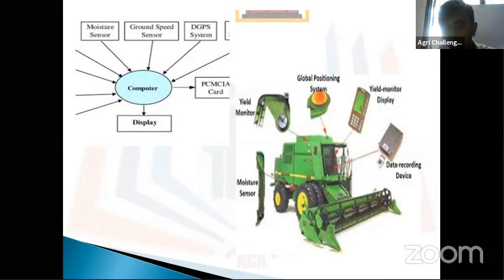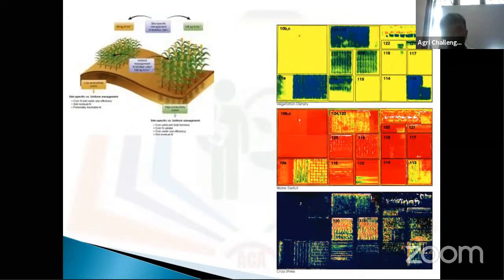Okay, all those monitoring tools are for collecting and analyzing the data. Then with the help of that, I divide my entire field into different management zones. For this field, this crop, this area, this meter square, I am applying 20 kg.